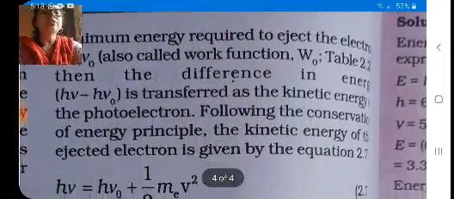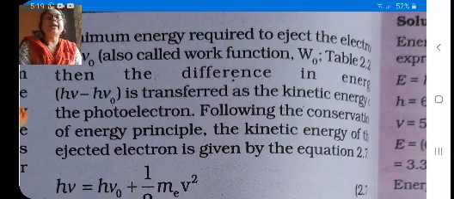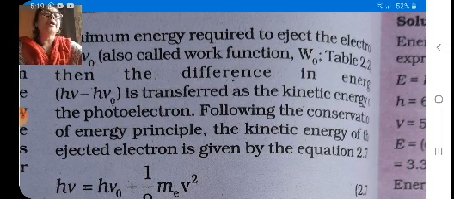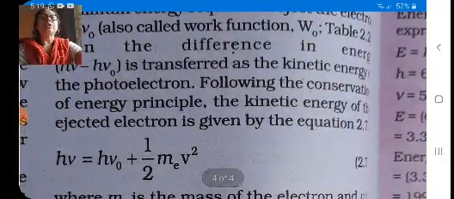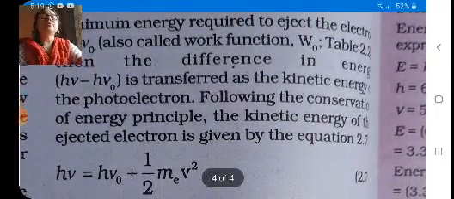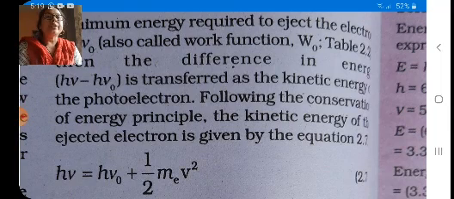The minimum energy required to eject the electron is hν0, also called the work function, denoted by W0. Then the difference in energy, hν minus hν0, is transferred as kinetic energy of the photoelectron.